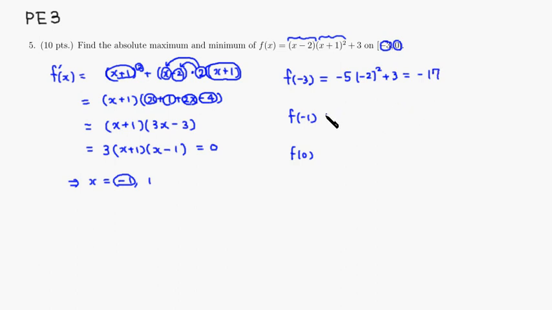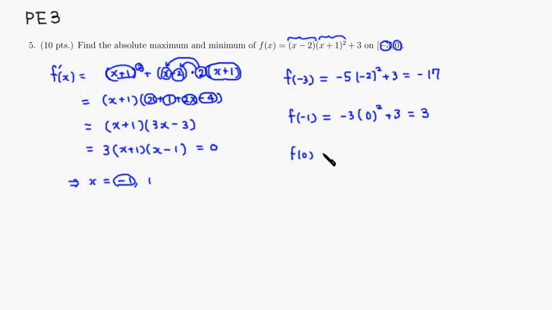If you plug negative 1 into the original function, you have negative 1 minus 2, which is negative 3, times negative 1 plus 1, which is 0, squared, plus 3. That's 0 plus 3, so it's going to be 3.